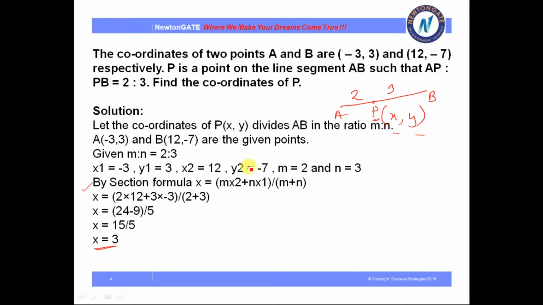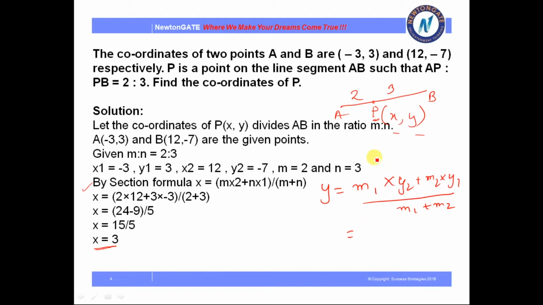Okay, the value of X is 3. Now, similarly, what will be the value of Y? Y is equal to, what was the formula of Y? Y is equal to M1 into Y2 plus M2 into Y1 by M1 plus M2.